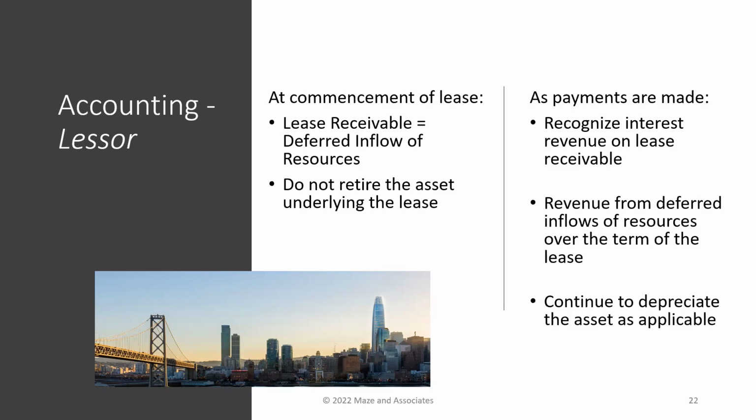Lease receivable, deferred inflow of resources. And again, you're not going to retire the asset. As payments are made, you're going to recognize interest revenue on the lease receivable, amortize the lease receivable in accordance with the amortization schedule, and the deferred inflow of resources gets amortized over the term of the lease. And then you continue to amortize the capital asset as mentioned.